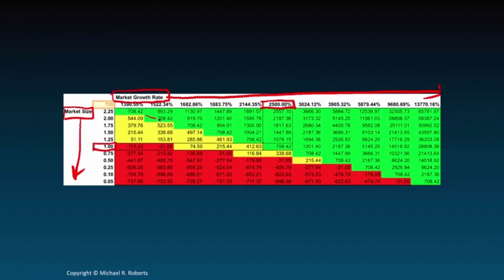I've held the baseline constant along the diagonal here, all 708.42. Yellow is positive NPV but below the base case NPV, and red is negative NPV. And so this provides some picture of how much slack we have, at least along the initial market size and market growth rate assumptions.